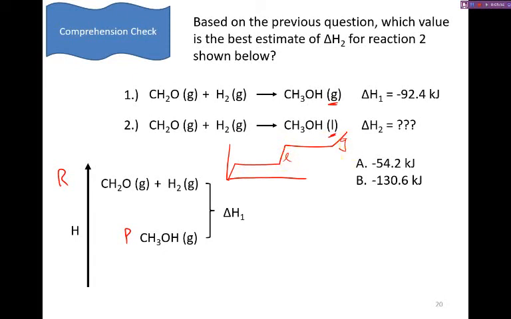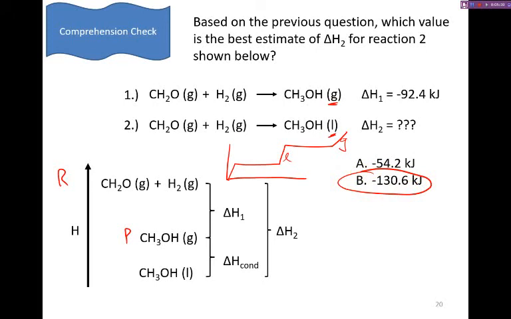And therefore, our gas phase is at higher energy. So our liquid is going to be below in energy, which means then that the net change is going to be a larger overall change relative to the first enthalpy, which means it's going to give off more energy and be the negative 130.6 kilojoules.